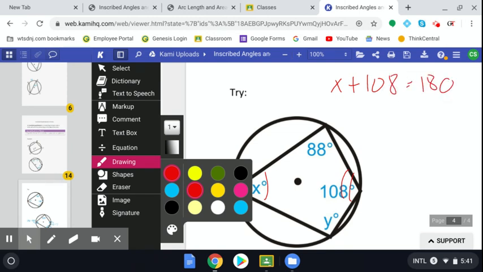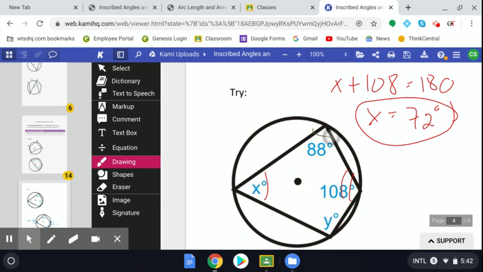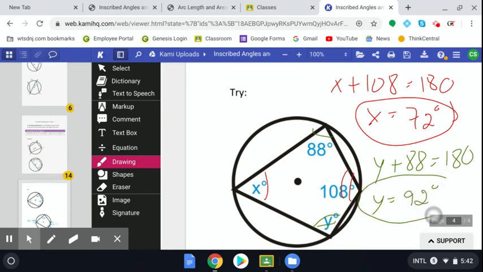You subtract 108 from both sides. X is 72 degrees. And I can do the same thing for Y. So now I can say that Y plus 88 is equal to 180. Then I can subtract 88 from both sides. I get that Y should be 92 degrees.